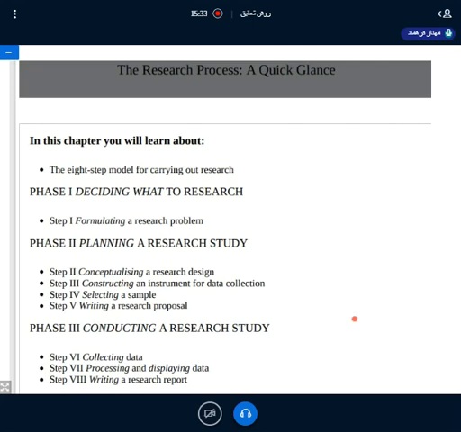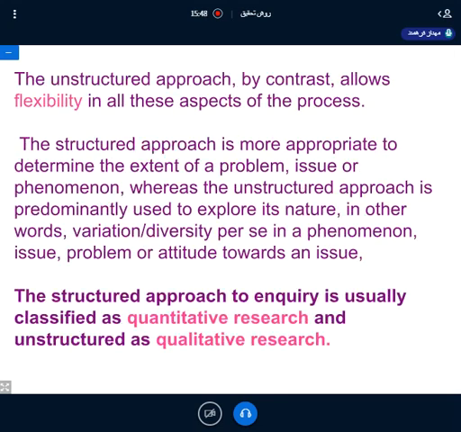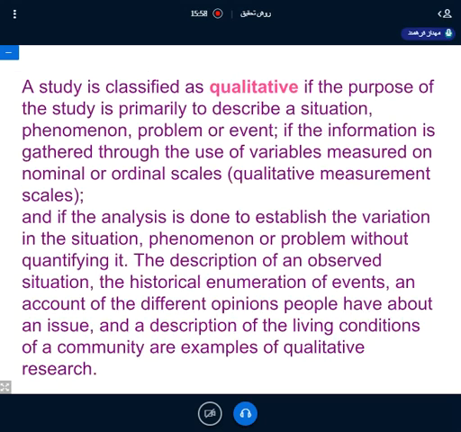Today the past section was about quantitative and qualitative research, and today we are going to study this chapter 2.